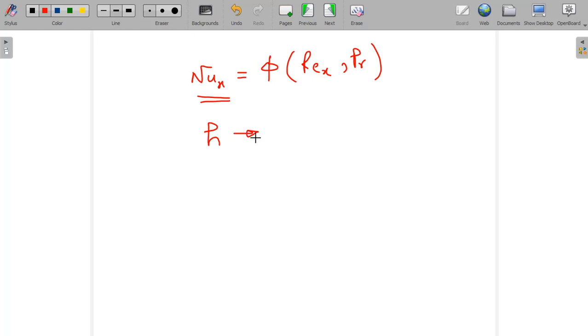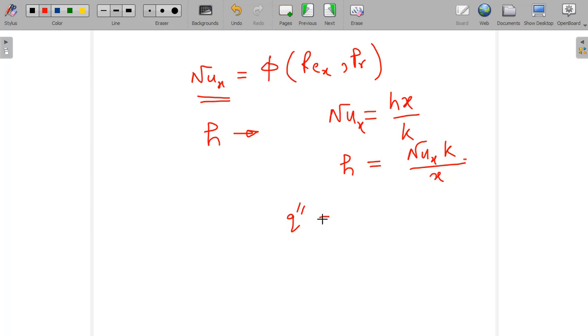So H can be found out because you know the Nusselt number and H relationship, that is Nusselt number is nothing but Hx by K. So you can find out the local convective heat transfer coefficient. That means H is not an average H, this is local H. That local H will be equal to local Nusselt number into K divided by X. So once you know this local value of H, then definitely you can find out the heat flux.